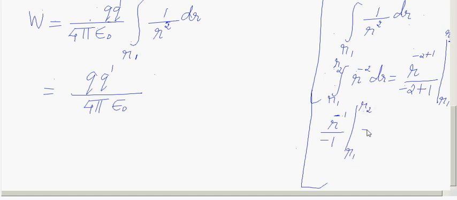Minus sign is there, so minus of R2 to the power minus 1 minus R1 to the power minus 1.